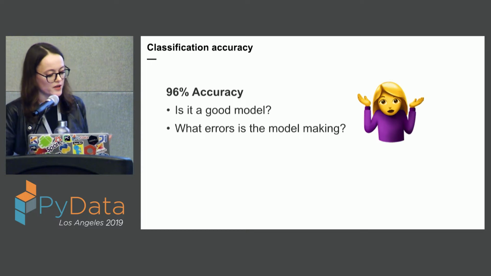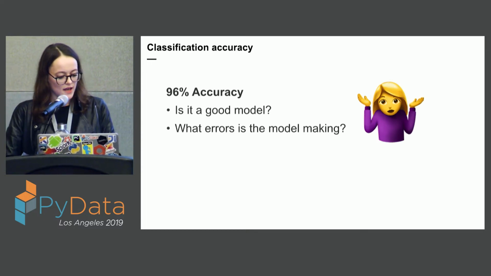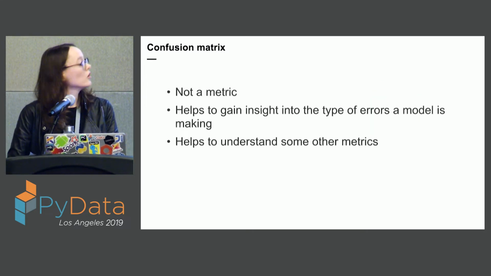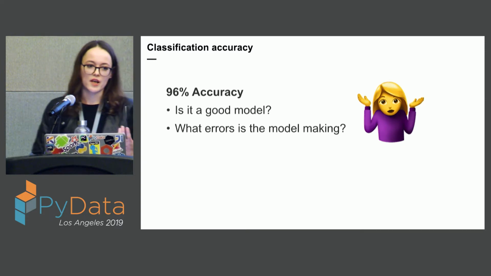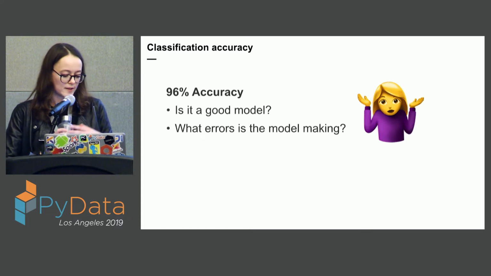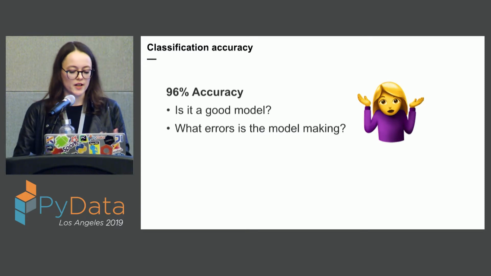So while it's very easy to understand, it may be confusing, and accuracy alone will not help you diagnose the errors that your model is making, and it's not going to help you address those errors.